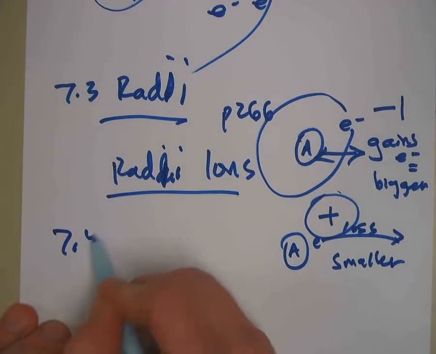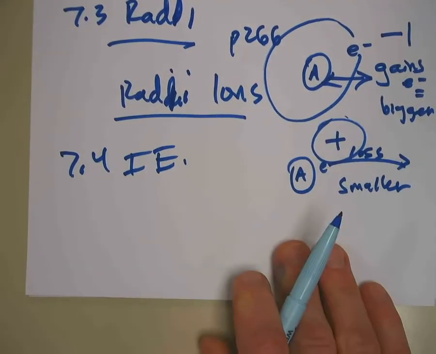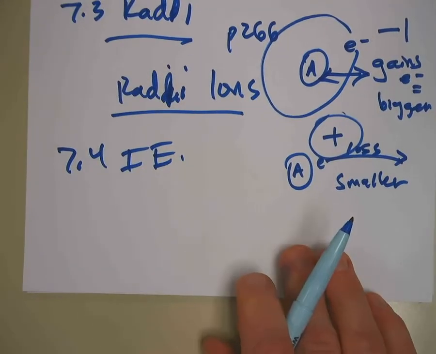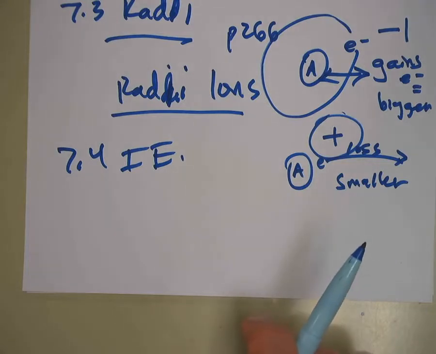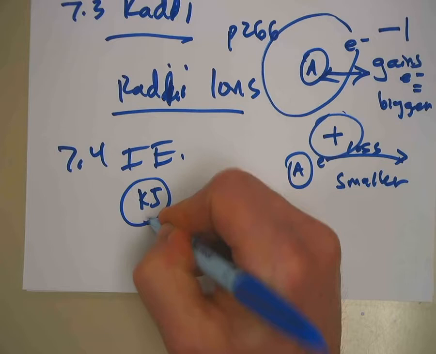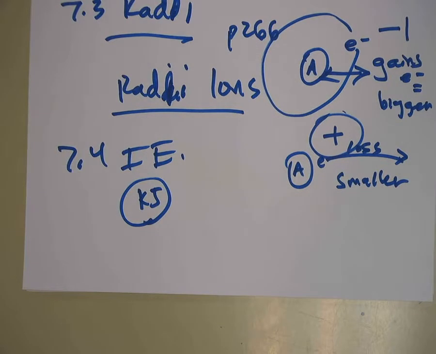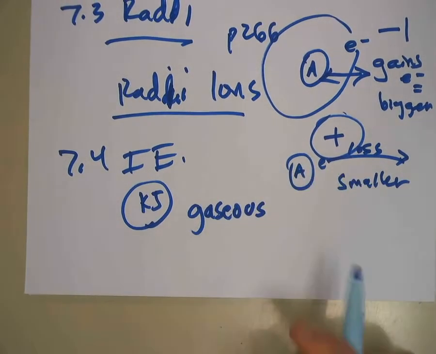in section 7.4 is called ionization energy. The ionization energy of an atom or ion is the minimum energy, measured usually in kilojoules, required to remove an electron from the ground state of the isolated gaseous atom or ion.